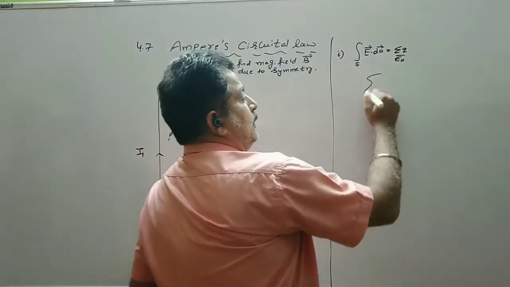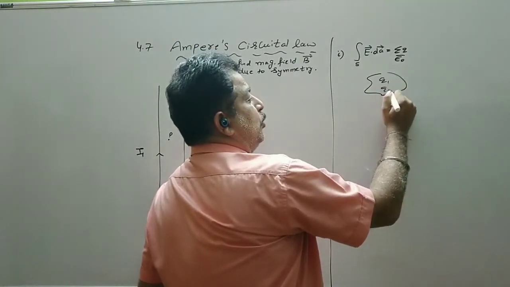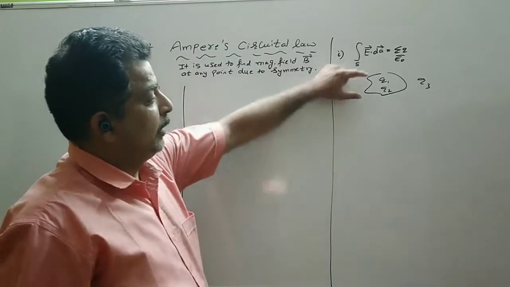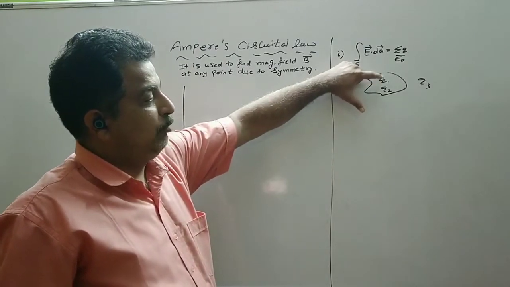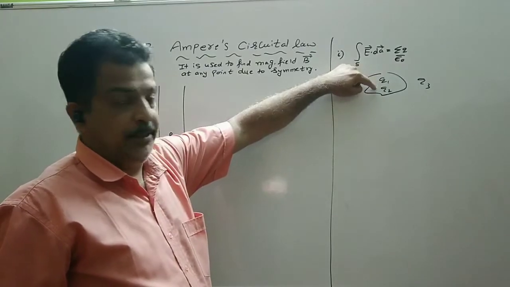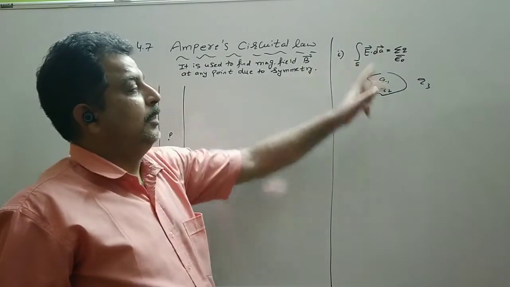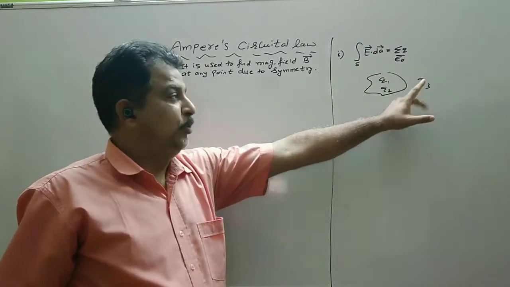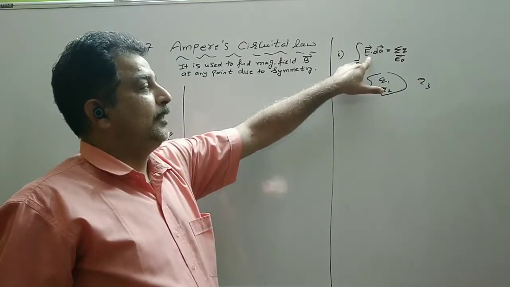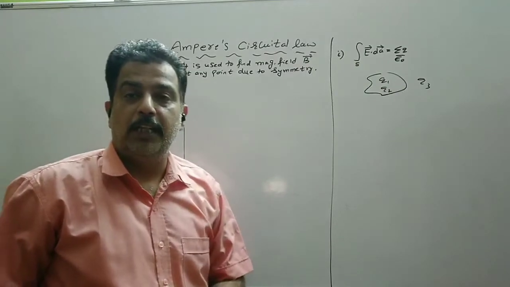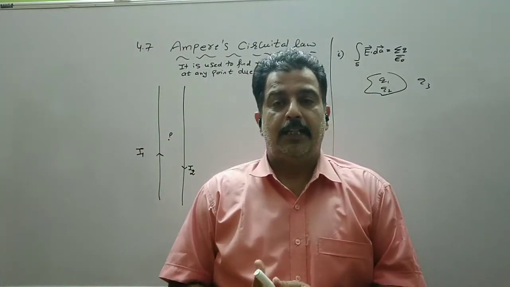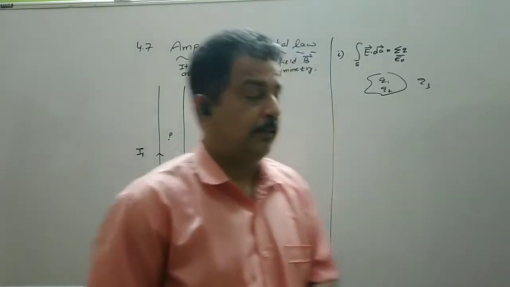Like when we use this, suppose there is a charge q1, q2, q3, while applying this summation q, we consider only those charges which are enclosed in the surface. The charge outside was not considered, but at the same time we have noted that the electric field intensity is due to all the three charges, whether they are inside or outside the surface.